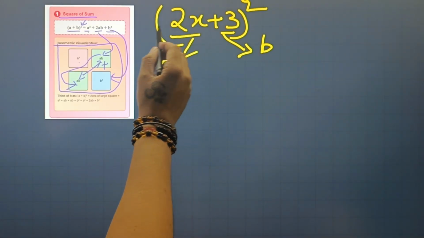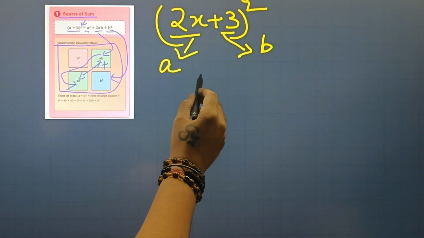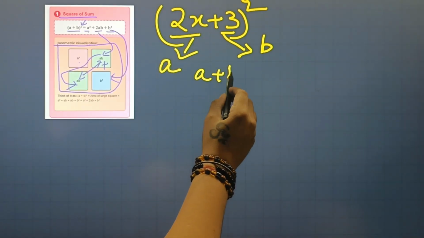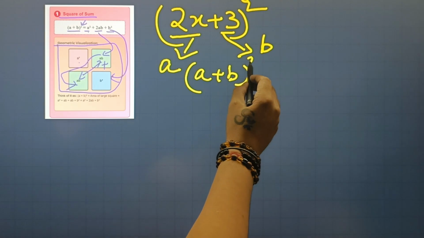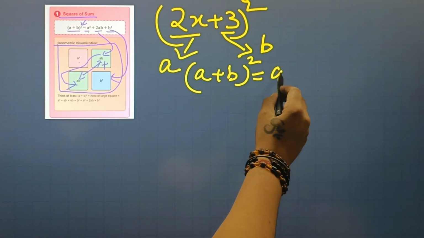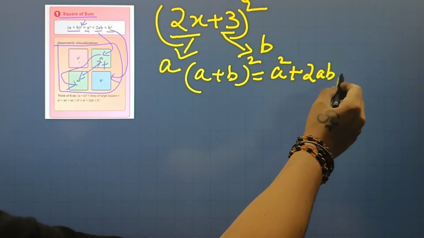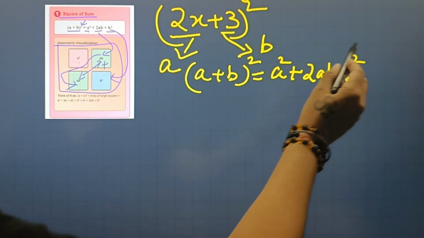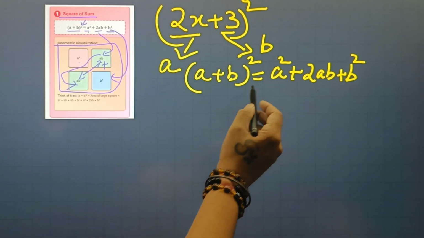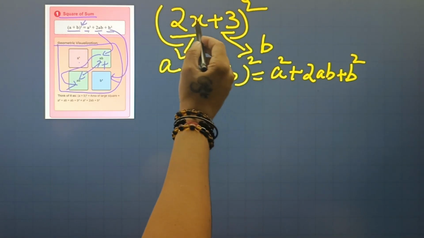So by using this identity, (a + b)² = a² + 2ab + b², we can substitute a with 2x.